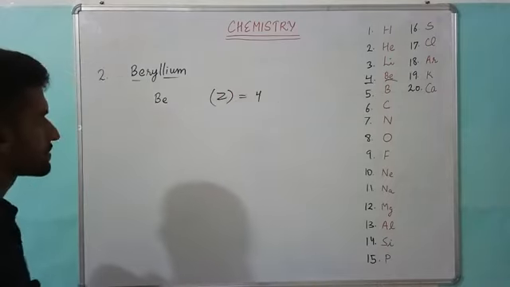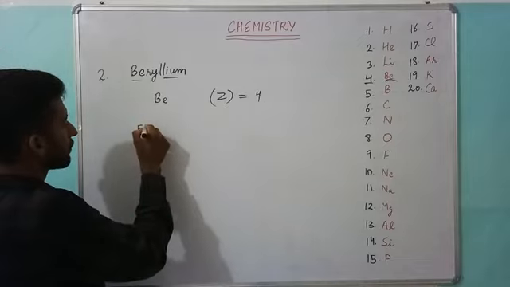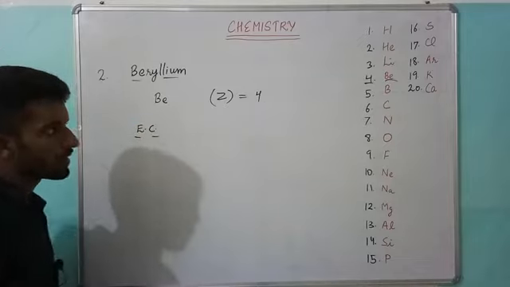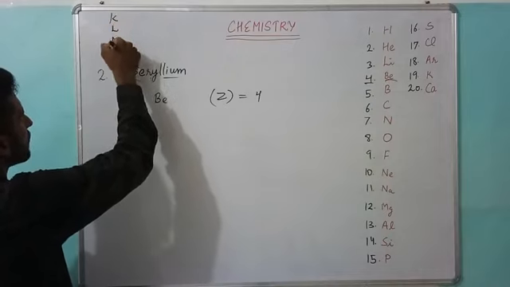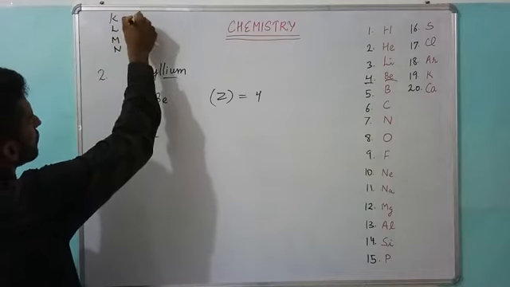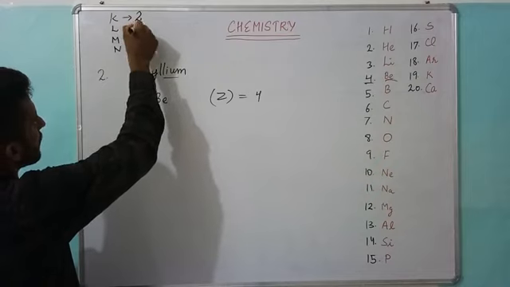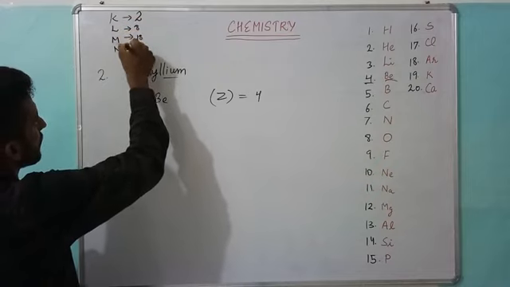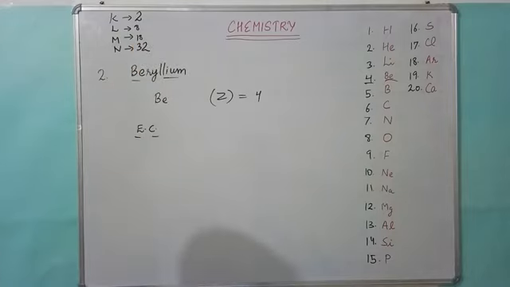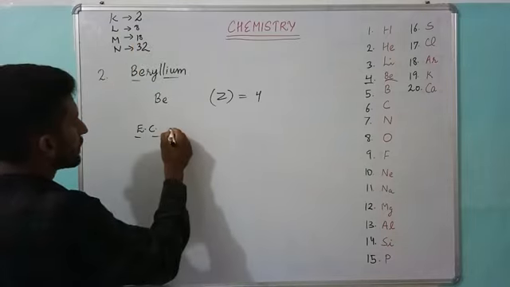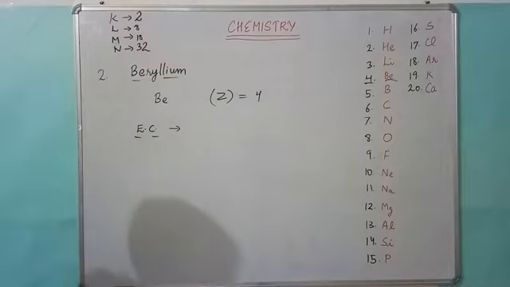Now one thing more, electronic configuration. We studied that there are different shells, K, L, M and N. K can have a maximum of 2 electrons, L 8, M 18, and after that 32. Now try to understand, in the case of beryllium, 4 electrons are there.